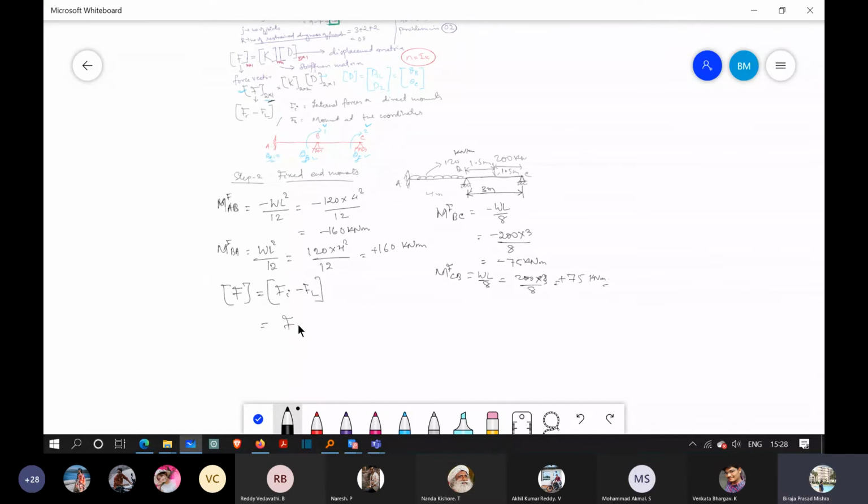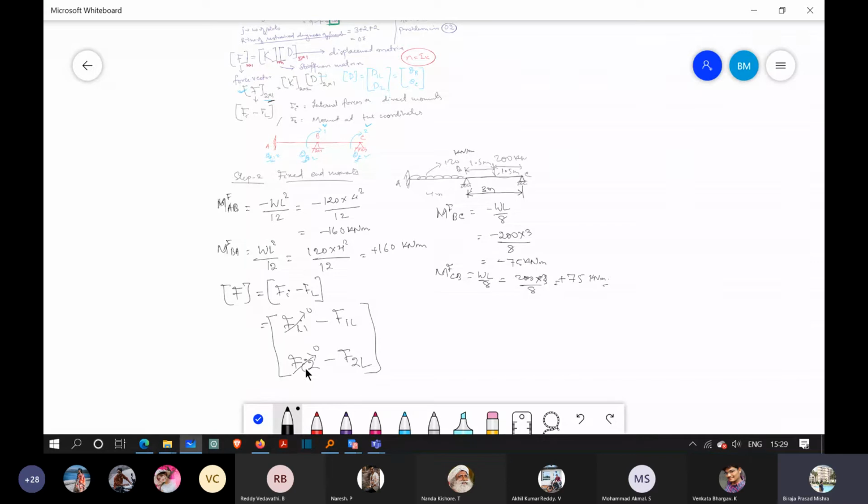So Fi is Fi1, Fi2, minus F1L, F2L. Since there are no externally applied moments at any joints, these two values will be 0.